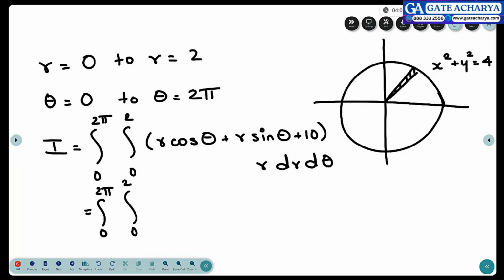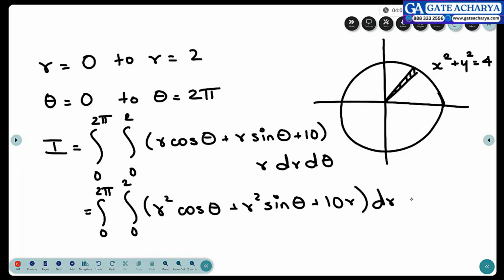So when I multiply r inside, what do I get? r square sin theta plus r square cos theta plus r square sin theta plus 10r, into dr d theta. Right? Now do the integration with respect to r.